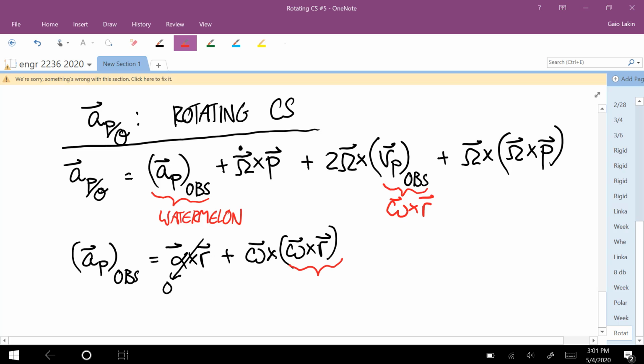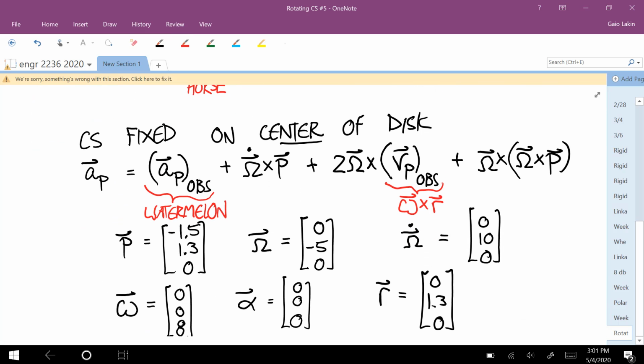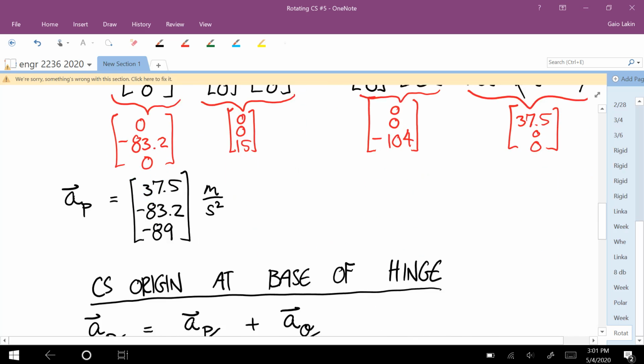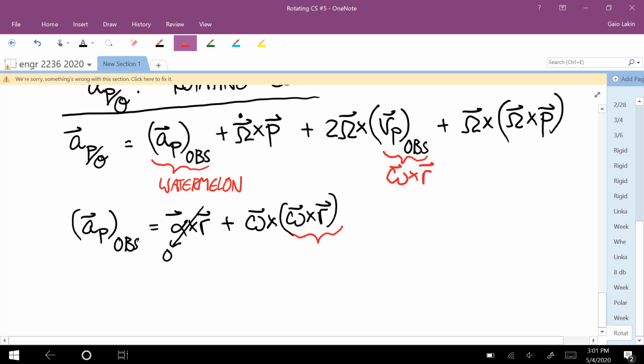Omega for the arm is, we wrote it way up here somewhere, omega for the arm is 0.008. And now r, we have to be really careful with these p's and r's. We've moved the origin of the coordinate system.